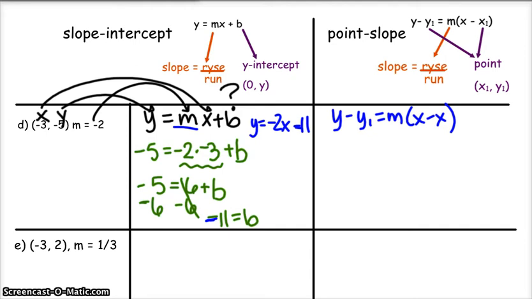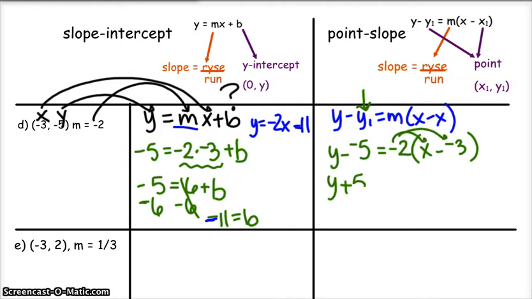I know the y value. It's the -5 from the other side. Be careful of the double negative. I know the m value, and I know the x value. Again, be careful of the double negative. I need to get the y all alone. I'm going to simplify. Y plus 5 is equal, I'm going to go ahead and call that double negative a plus.